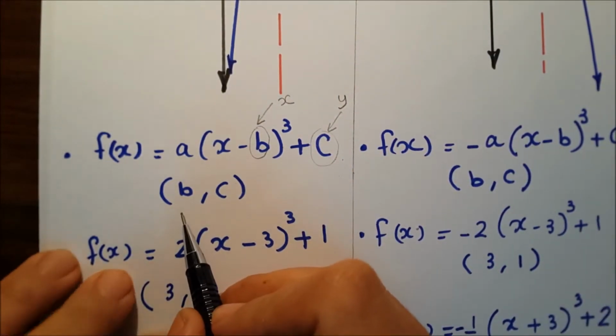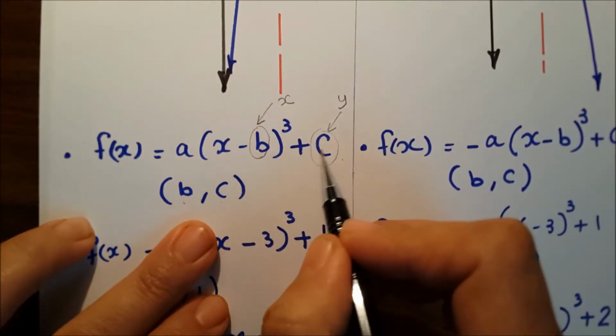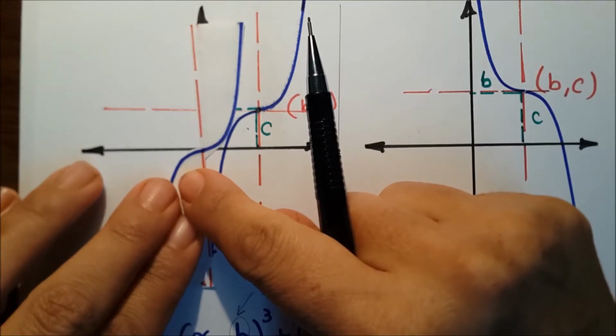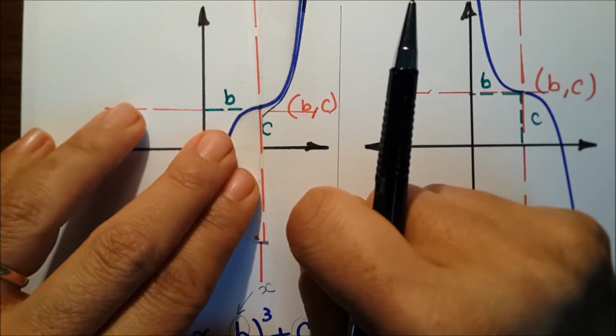So the coordinates of the point of symmetry are b for x and c for y. And the graph will be translated b units horizontally and c units vertically.